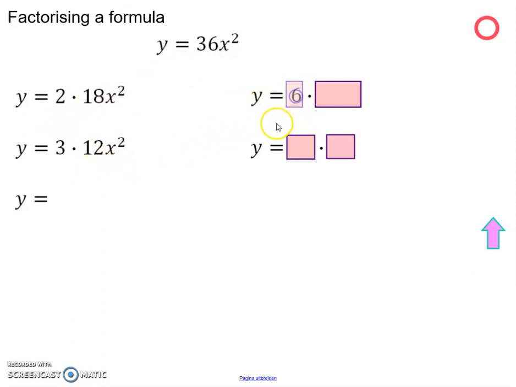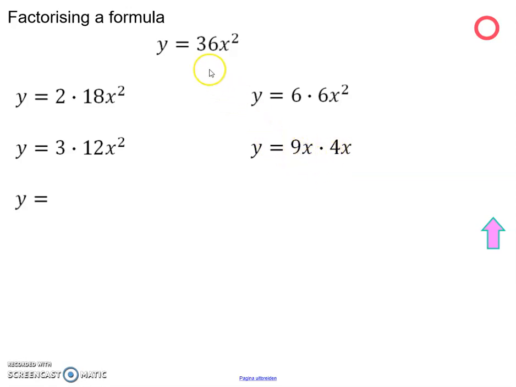Another example is 6 times 6x squared. Another example, I could also write 9x times 4x, because 9 times 4 is also 36, and x times x is x squared. So these are all examples of the same formula, and I've used 2 factors in each example.